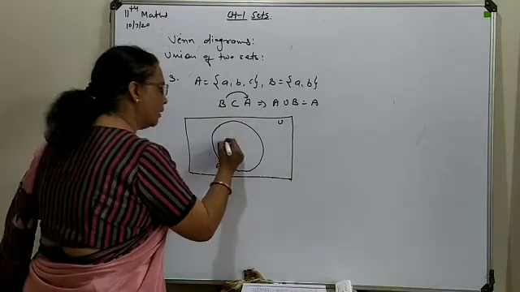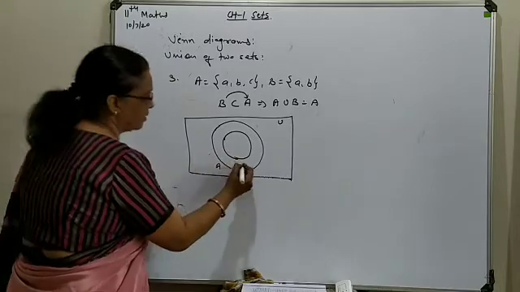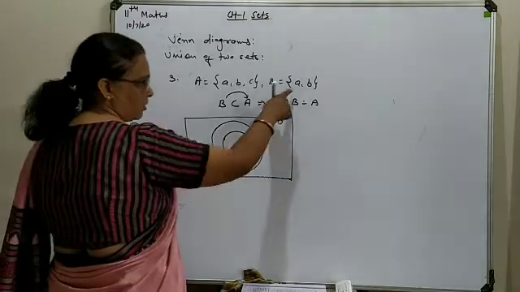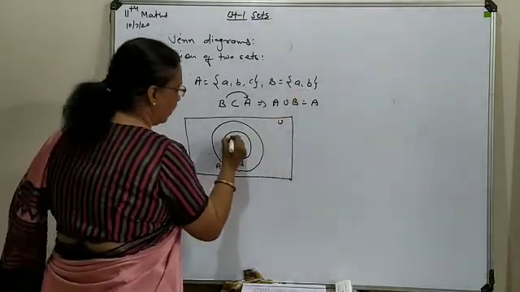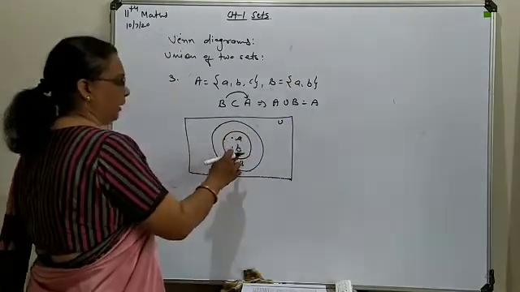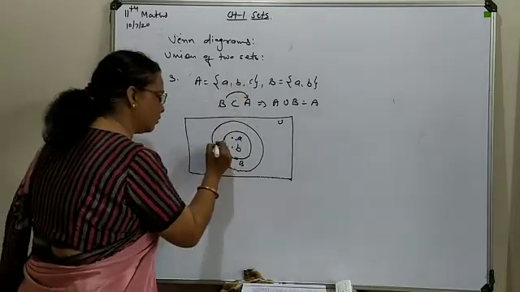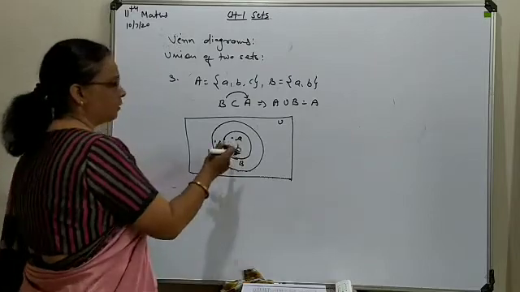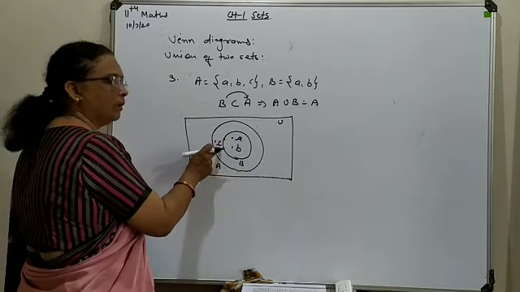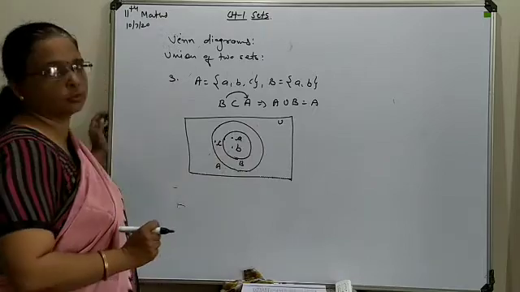Then inside the circle make a small circle, that is B. Now first inside this small circle you just mention the elements of set B, that means this is A, this is B. Already you have mentioned A and B as a part of A, so the remaining element, that is C, you will write in this outer area. So you can see this whole A containing all these 3 elements. So in a subset form, this way you can represent these 2 sets.